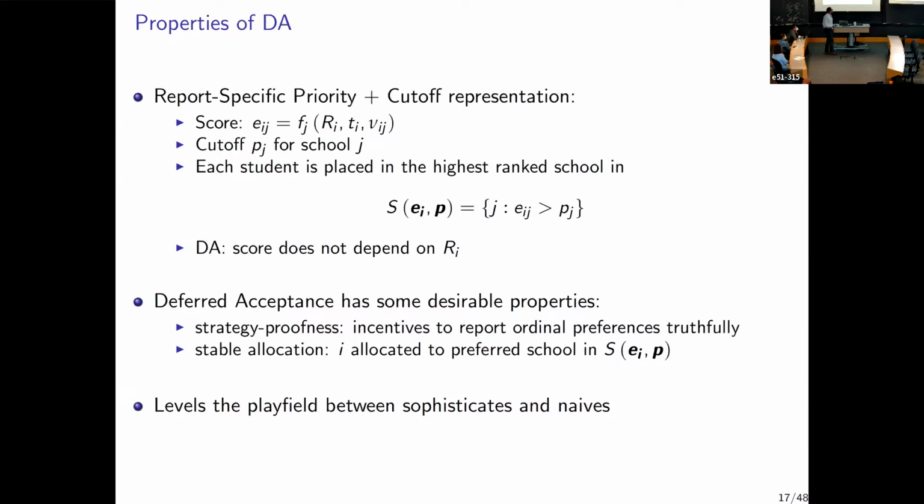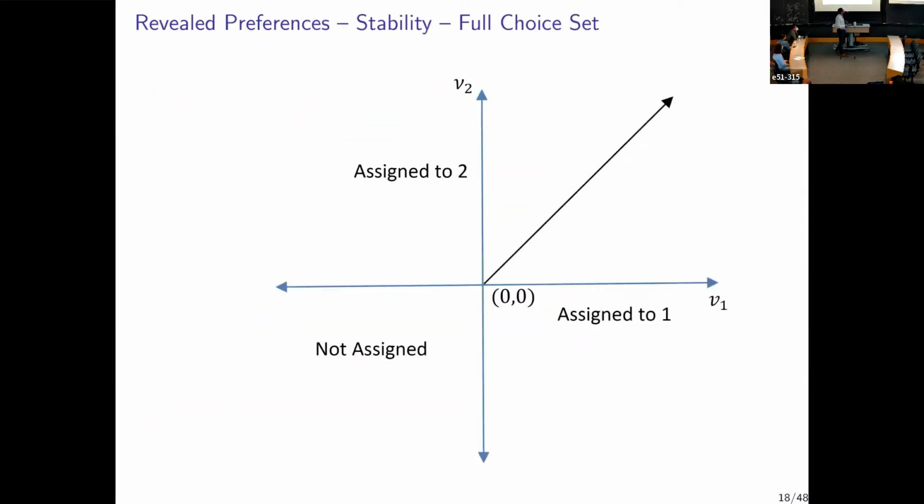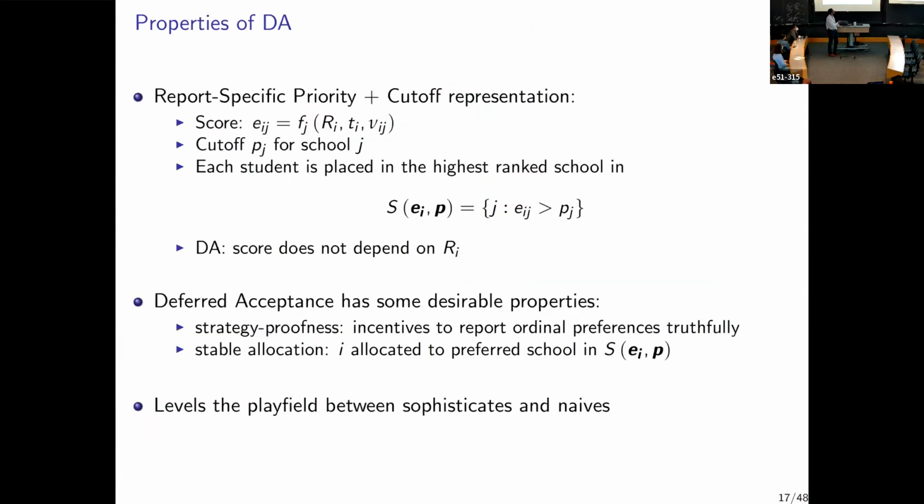Let's try to derive some preference relationships. You can compute the score of each individual for each school, and you're going to be able to see what was the market clearing cutoff for each of the schools.